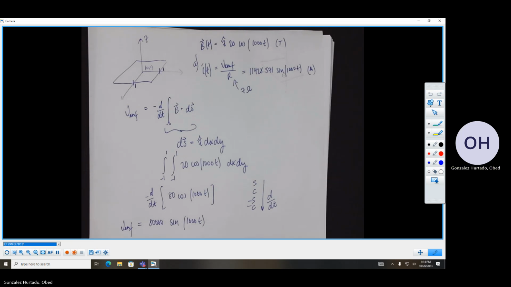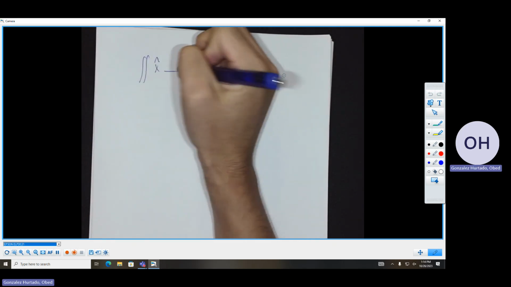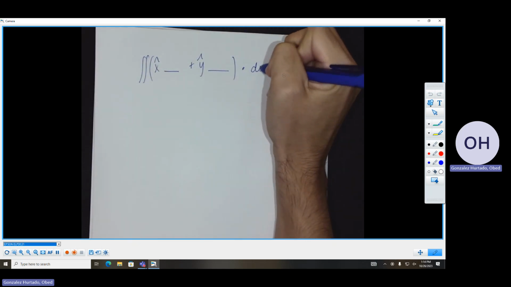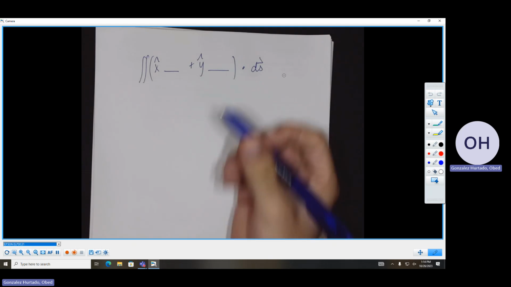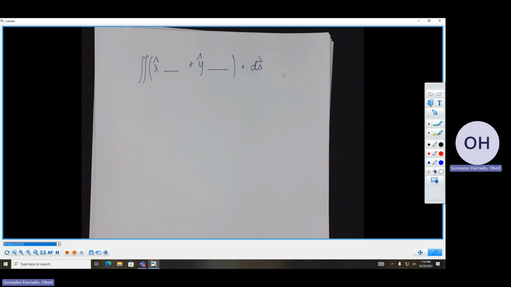Correct? It should distribute. Yeah, it's gonna distribute.